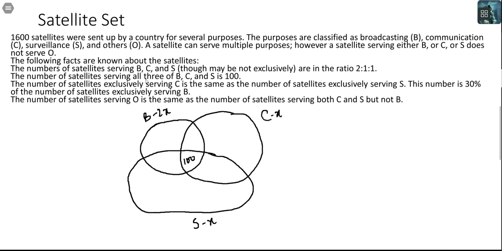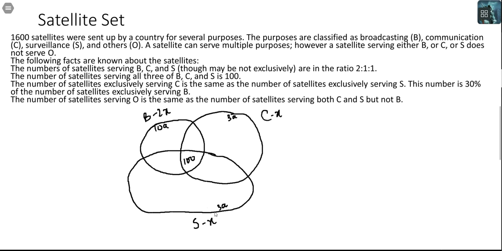The number of satellites exclusively serving C is same as the number of satellites exclusively serving S. The number is 30% of the number of satellites exclusively serving B. So if this is 10A, this is 3A, and this is 3A.